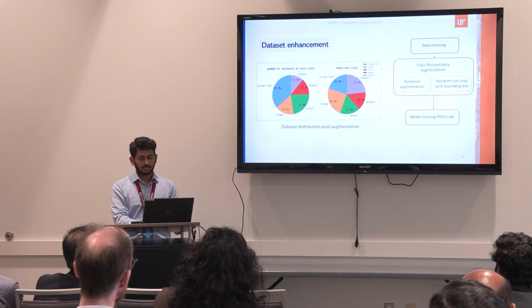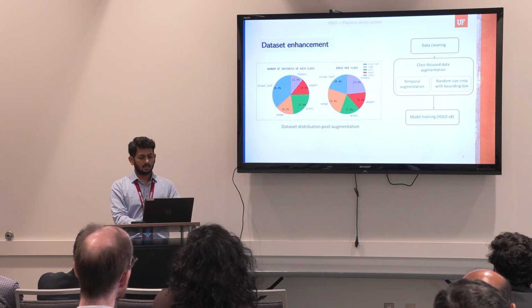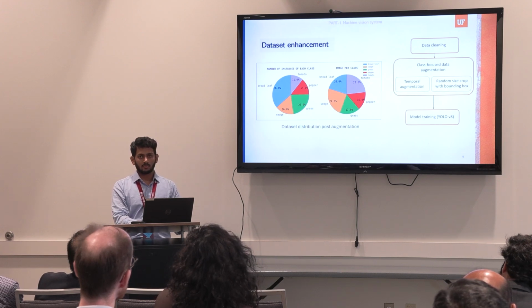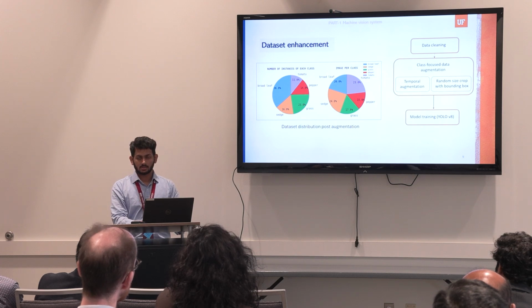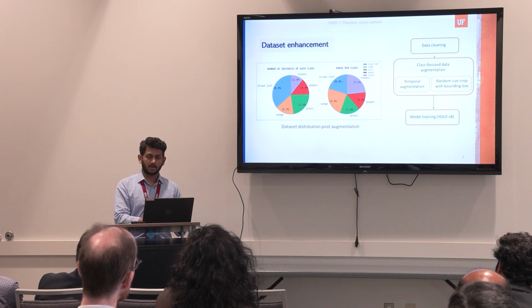So we did temporal augmentation and random size crop with bounding box, and then I trained it on the YOLOv8 nano model. I implemented a multi-threaded code which takes in input from the camera and the GPS, while running it and doing the processing using YOLOv8, getting the frames back, getting the nozzle zones back.